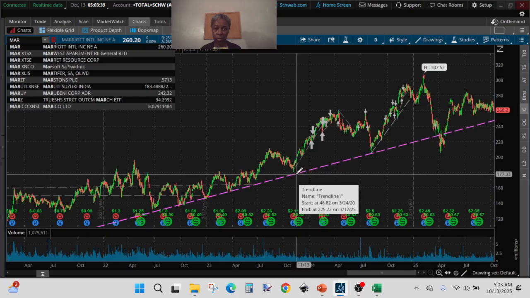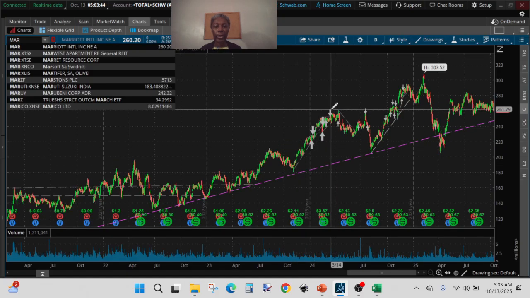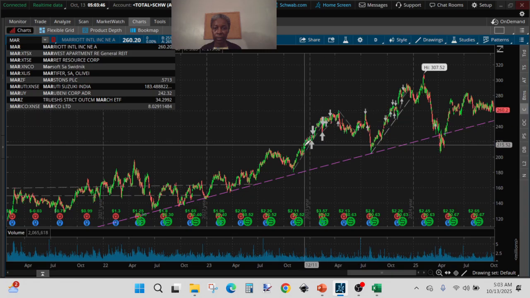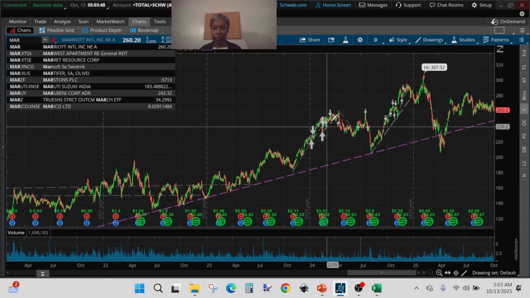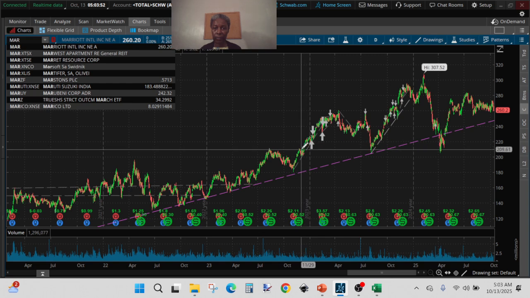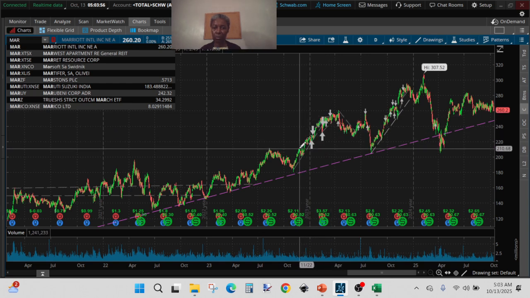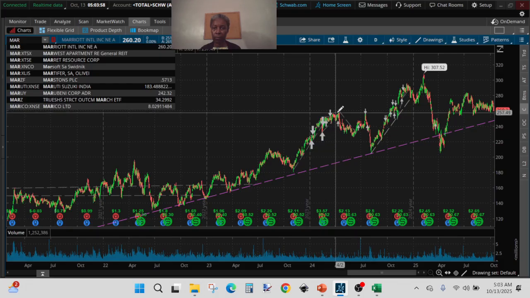It pulled back to it and then went up again. For a while it reached a new high and went up a little bit, maybe 6 months or so, from November to April.